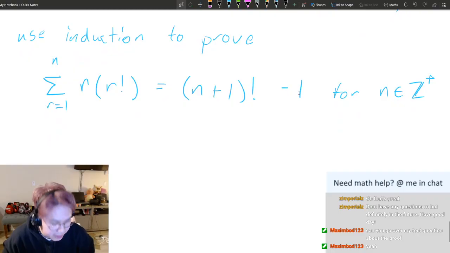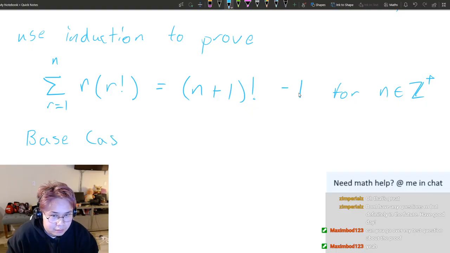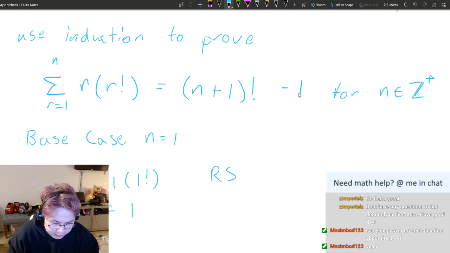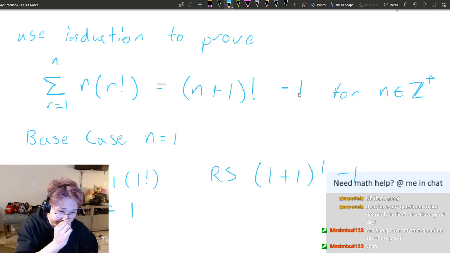Okay, so for base, we need to do our base case, which is n equals 1. So on the left side, we have 1 times 1 factorial, which is just 1. On the right side, we have 1 plus 1 factorial minus 1.